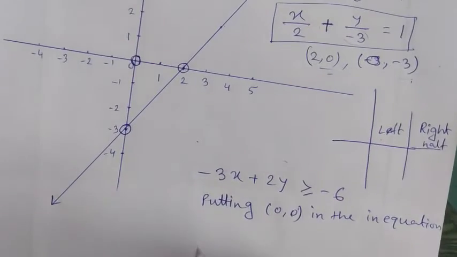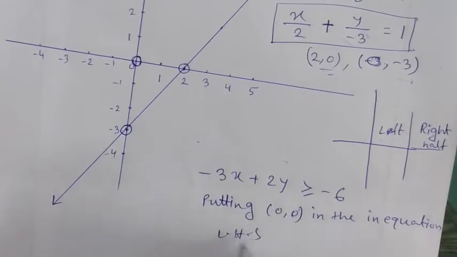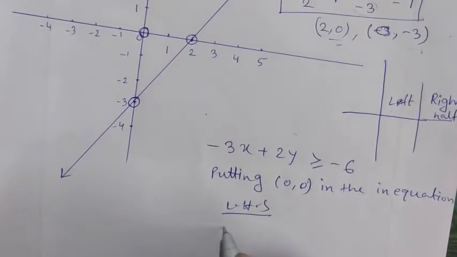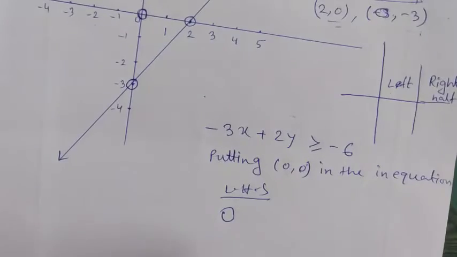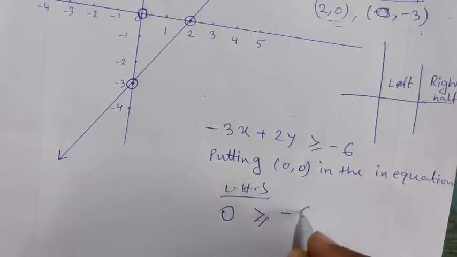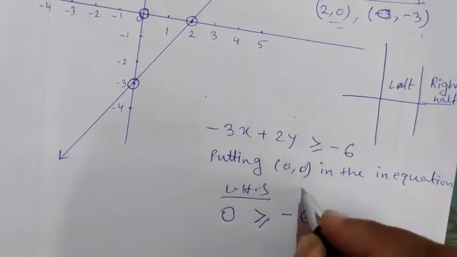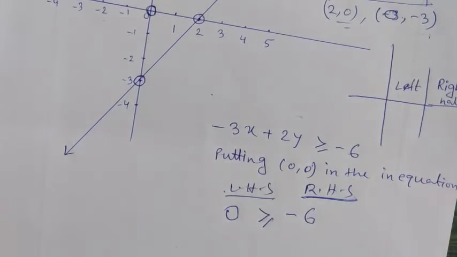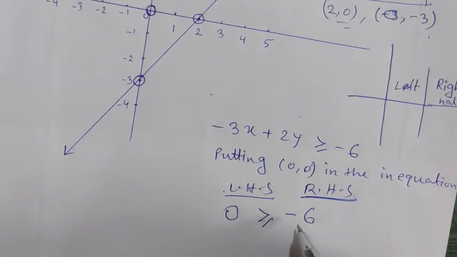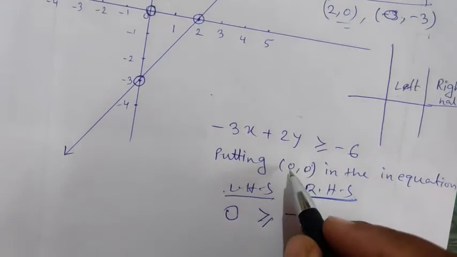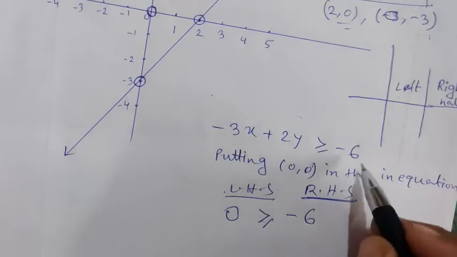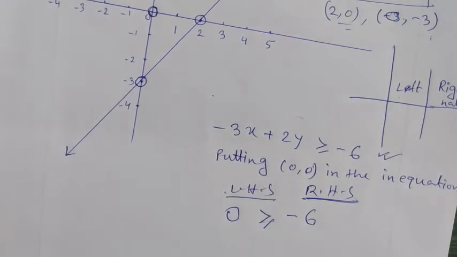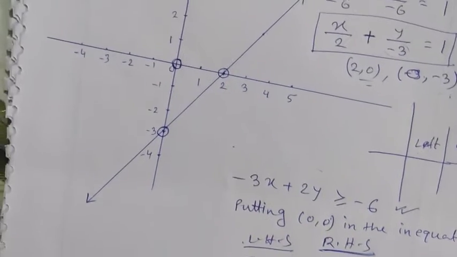And what we will get? Left hand side we will get 0, which is greater than or equal to -6 on the right hand side. Right hand side is obviously -6, it's a constant given there. So 0 is obviously greater than or equal to -6, and thus (0, 0) is satisfying the inequation.